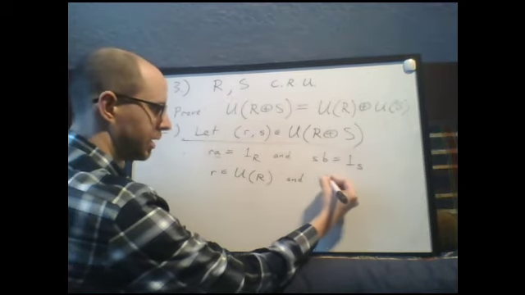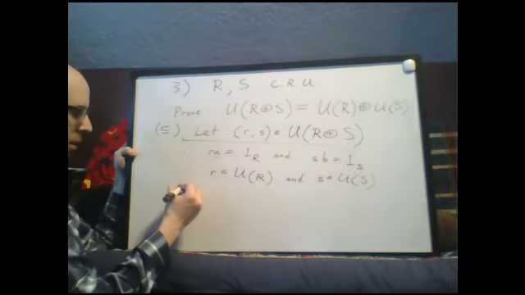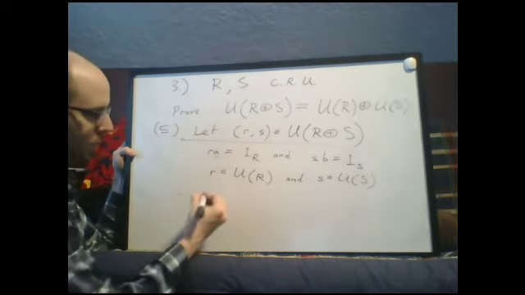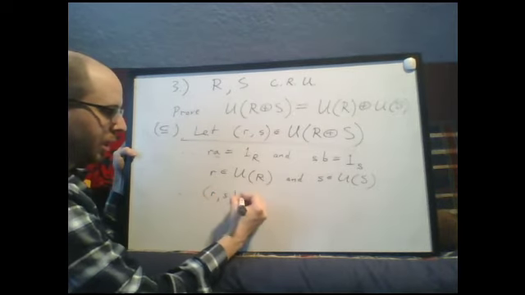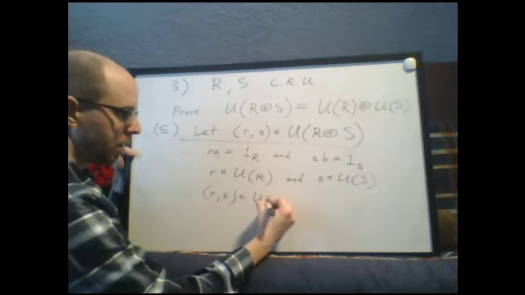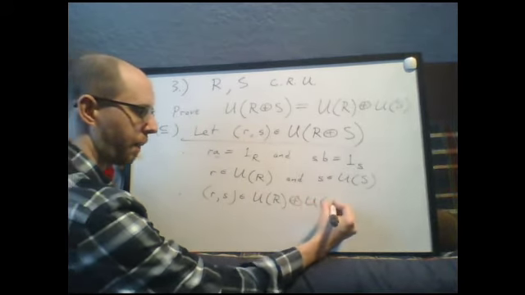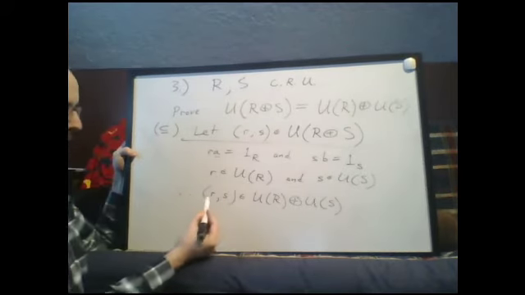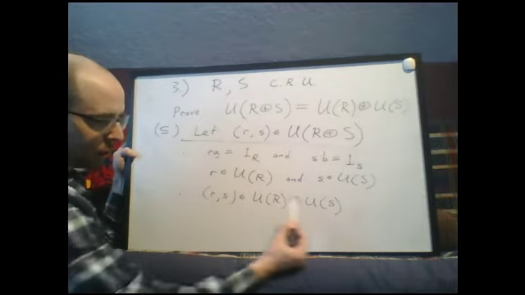So s is an element of U of capital S. So finally, the combination (r,s) is an element of the direct sum U of R plus U of S, because it's an ordered pair where the first coordinate comes from this set and the second coordinate comes from this set.